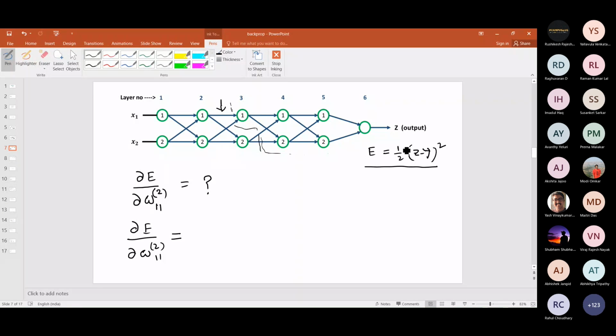So this influence starts from here. Basically you can compute the input to this one with respect to W211, and then it is going to influence this whole thing.